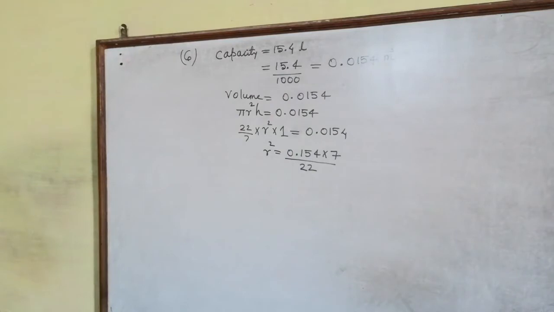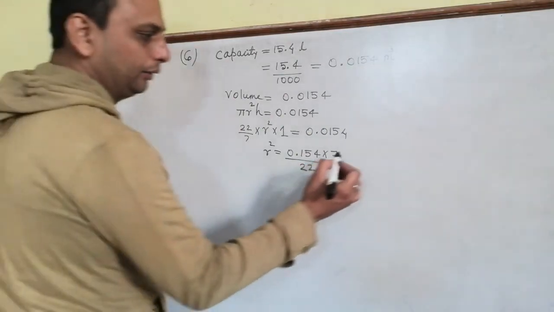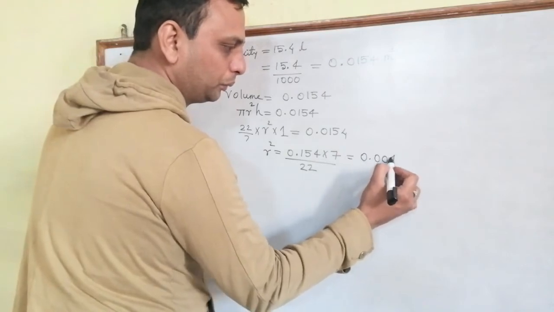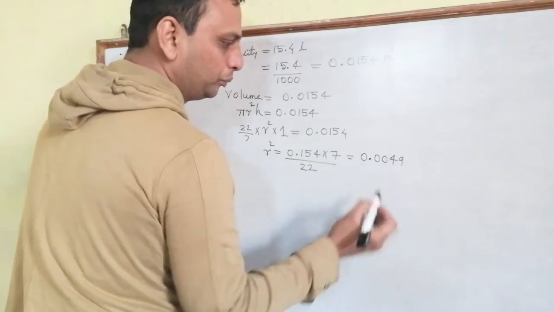So on calculation we will get R square as 0.0049.